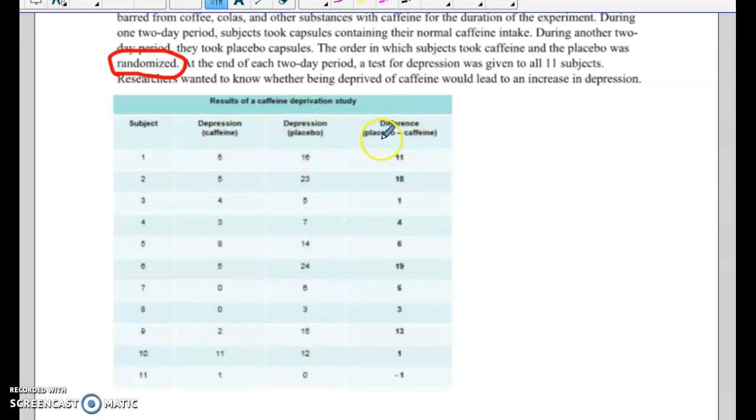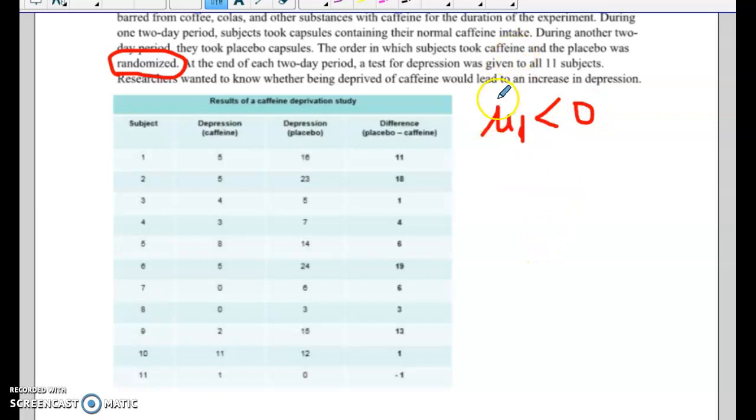And then notice, they found a difference. They want to know a mu D. And here, if they do caffeine minus placebo, let's think about that. No caffeine, that means this number would have to be bigger. We're going to be looking for negative numbers. So our alternative is going to be, is it less than 0?